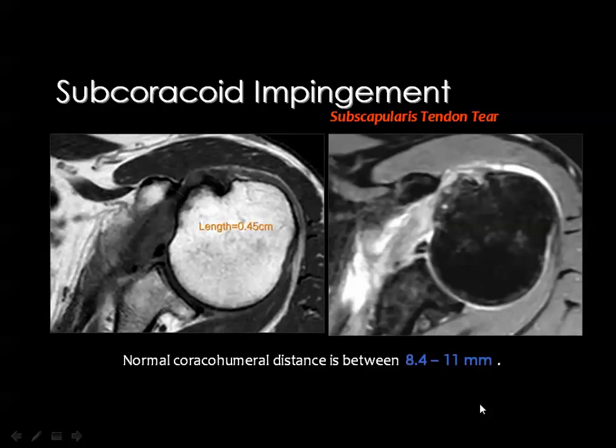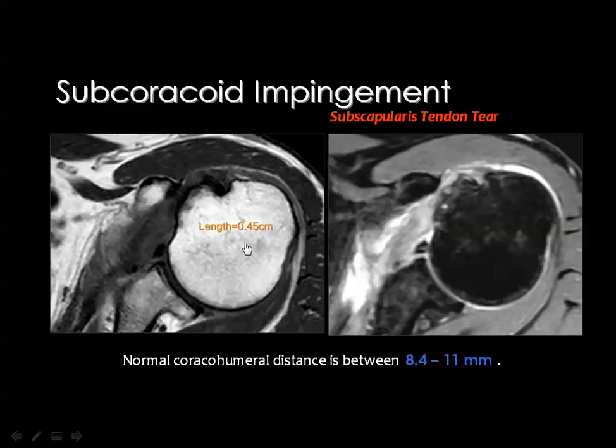Then sometimes you are confronted by an example like this one, where the distance between the coracoid process and the head of the humerus is relatively narrowed. And the normal distance between the coracoid and the humerus is from 8 to 11 millimeters.